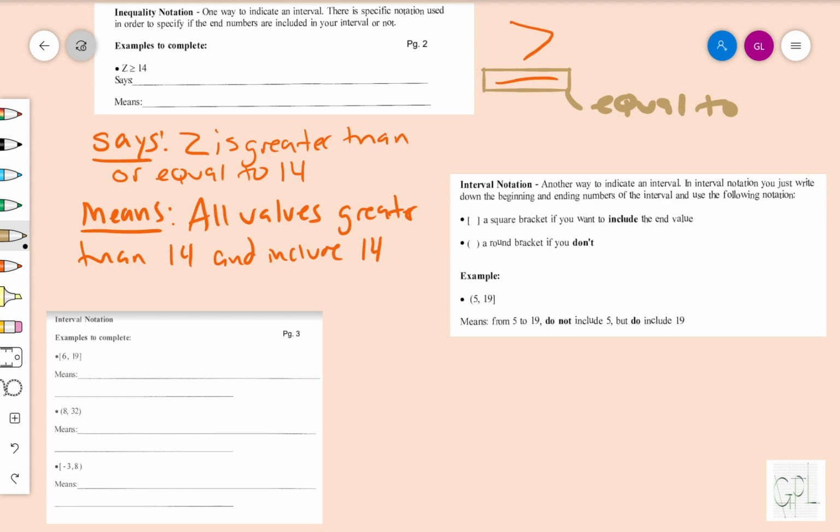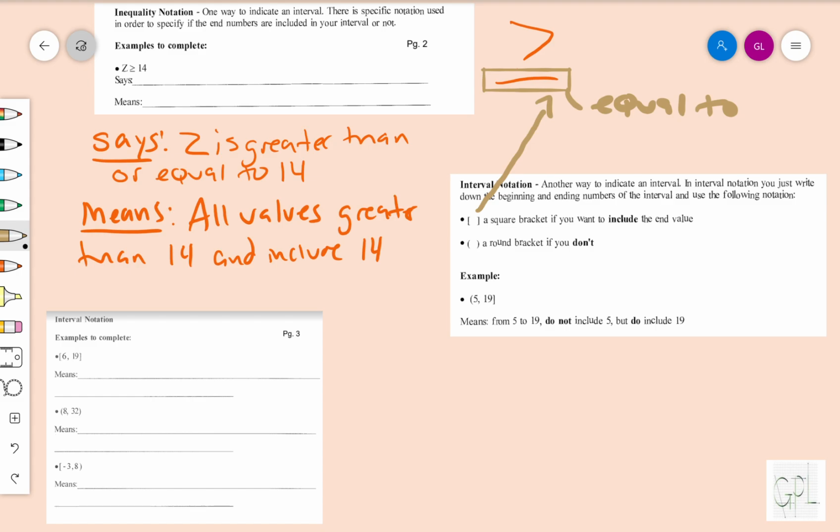Now here you are only going to need 2 sets of symbols. If we have a square bracket, it means that we want to include the data set. This square bracket means the same as having that equal to symbol there. It means you want to include that value in your data set.